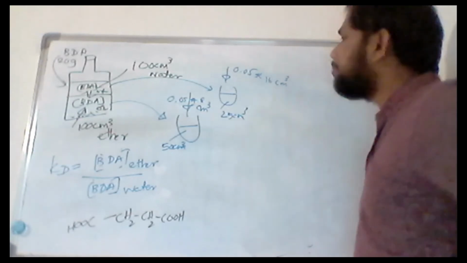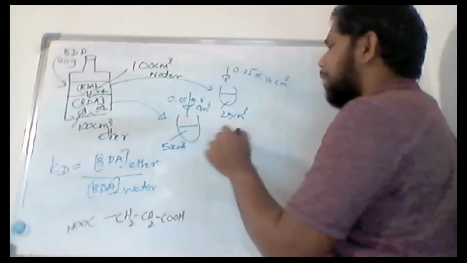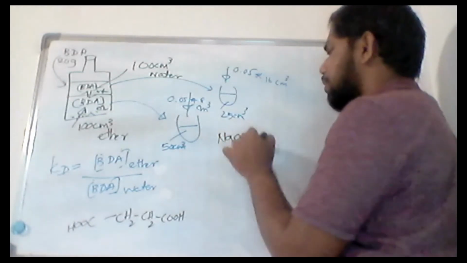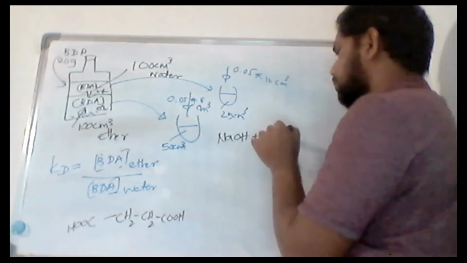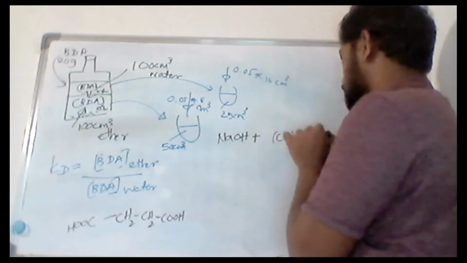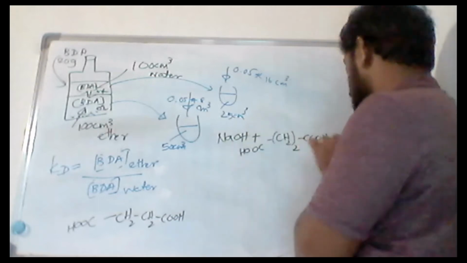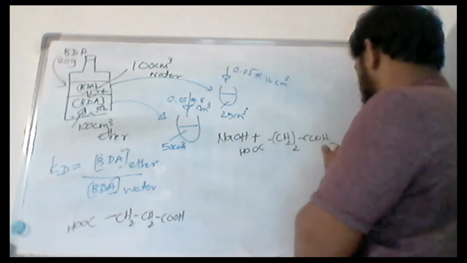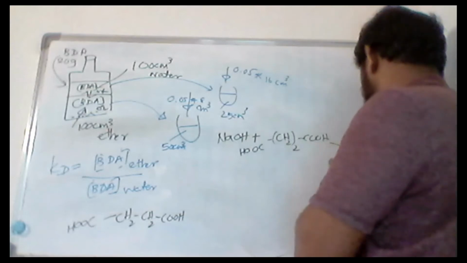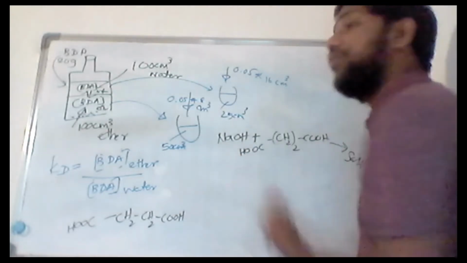Second point, you need to understand that the reaction is going to happen between NaOH and this acid, giving you a product, salt plus water. What is the stoichiometry between these two?